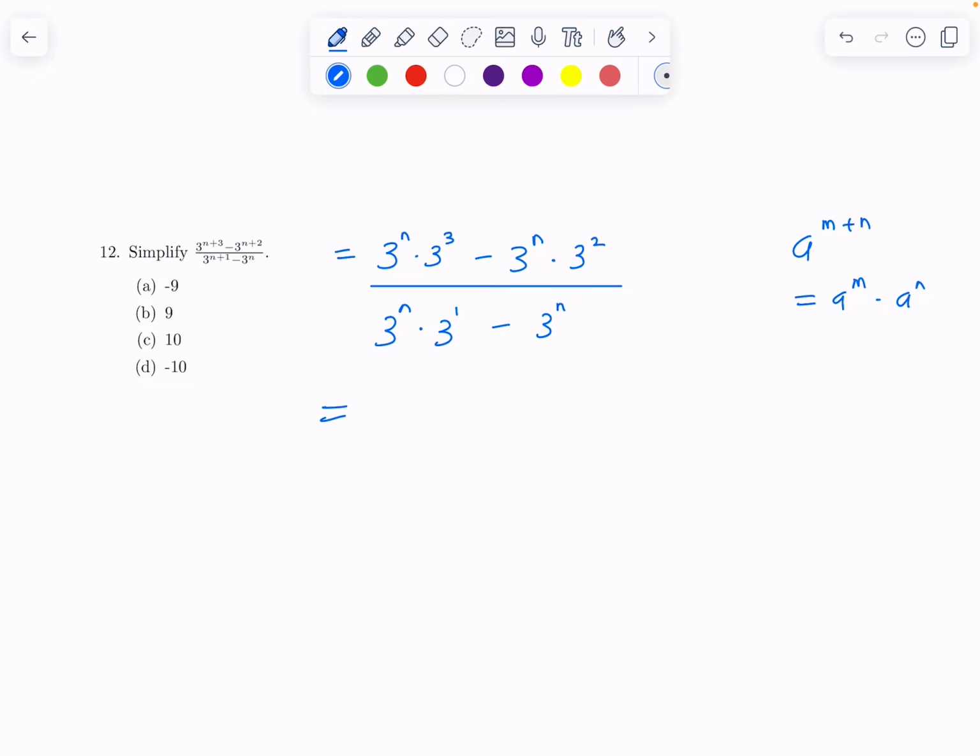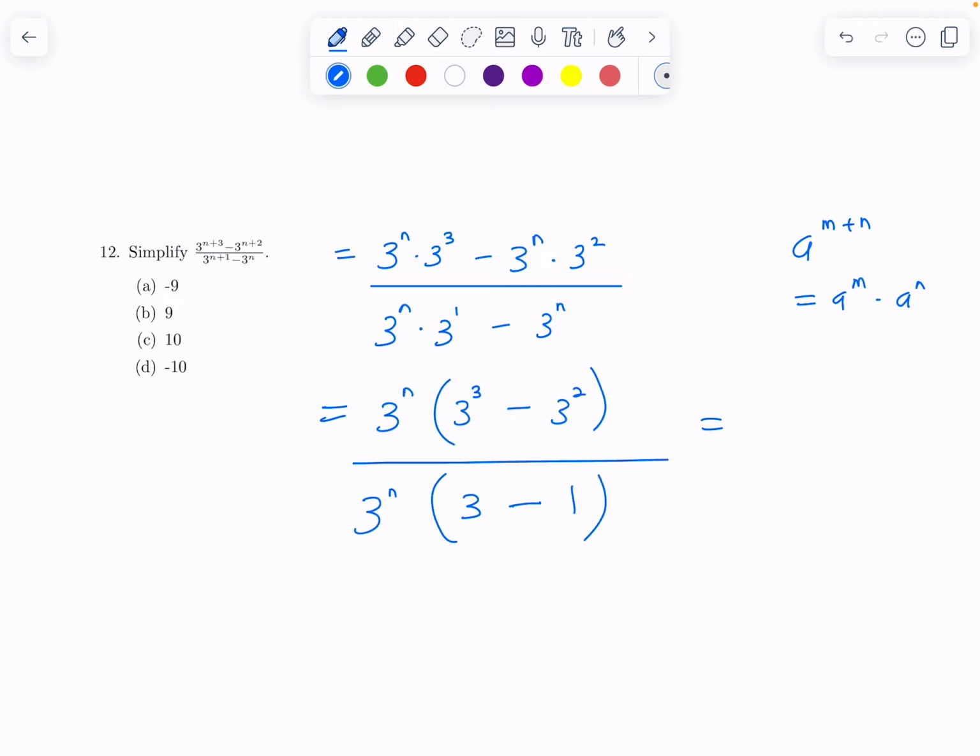So I can factor out 3 to the power of n from the numerator, and I'll be left with 3 to the power of 3 minus 3 to the power of 2. I can also factor out 3 to the power of n in the denominator, and I'm left with 3 minus 1.